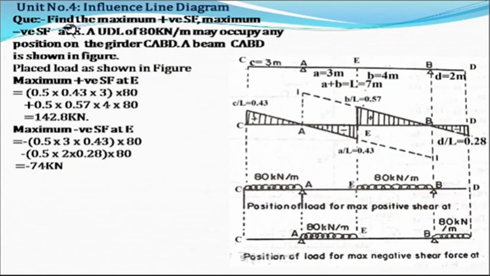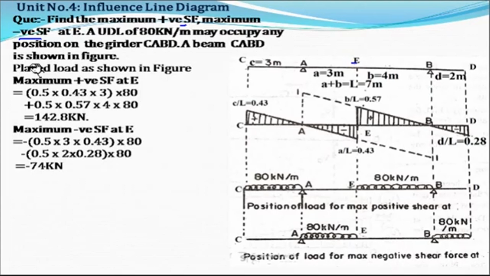Next numerical: find the maximum positive shear force and maximum negative shear force at the given section E. A UDL of 80 kilonewton per meter may occupy any position on the girder CABD.